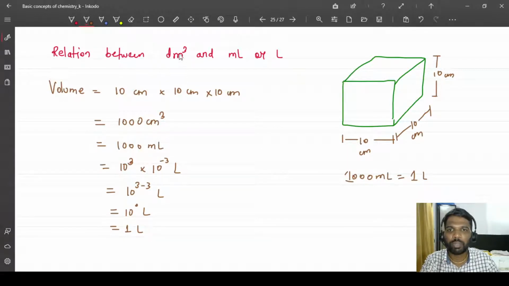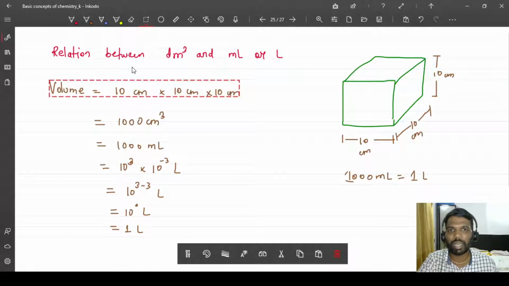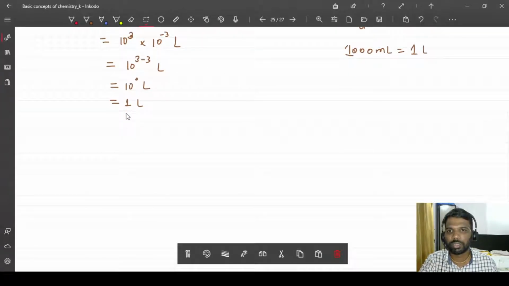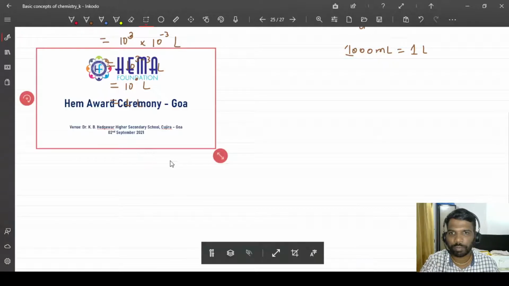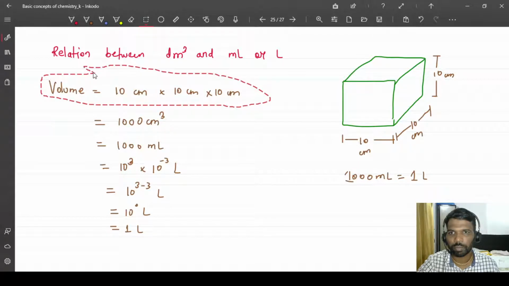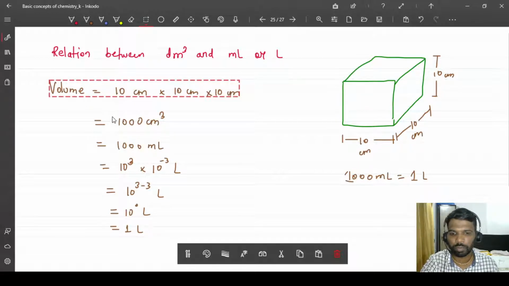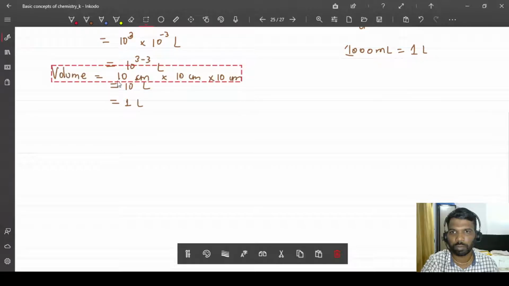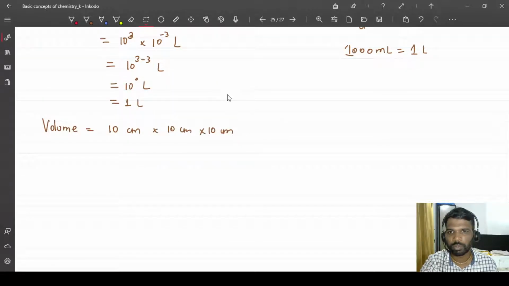Right. Let us come to the decimeter cube. I'll take the same relationship over here, volume, and let us understand what is the meaning of decimeter cube and how many liter or ml it is. So same thing I'm taking.